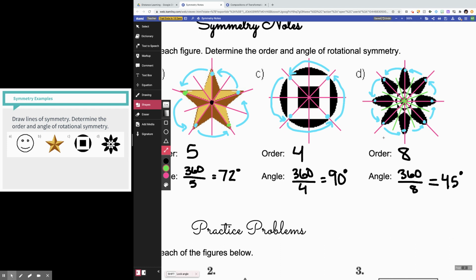So this snowflake looking thing with all these lines of symmetry and the dots in there actually looks kind of cool. But this one actually has 8 lines of symmetry.